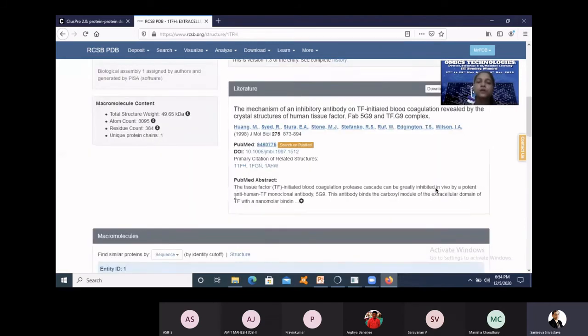Also, it is important for us, whenever we take any protein for bioinformatics studies, to know further about the protein, like the inferences of the team, the scientists who determined the structure, and the research papers they have published on that particular protein.